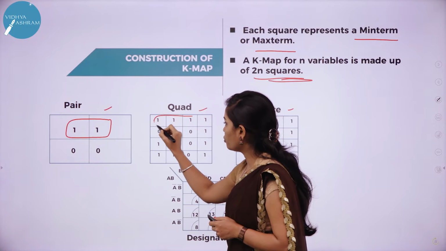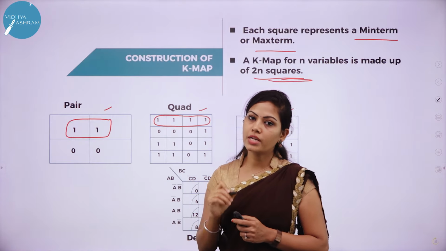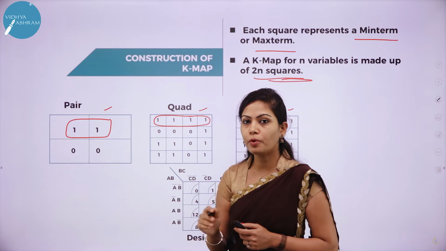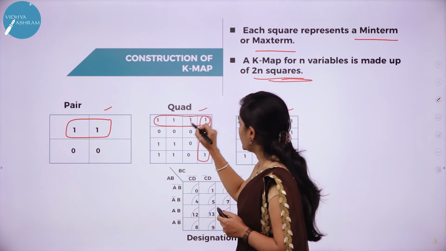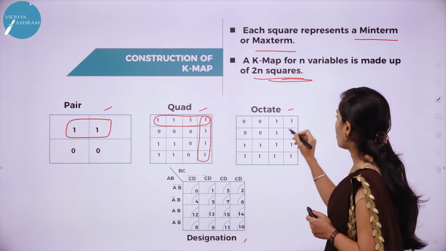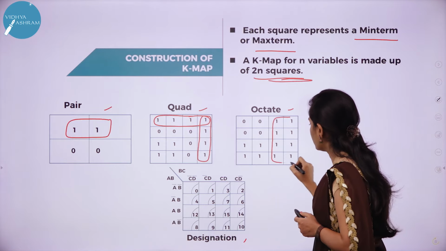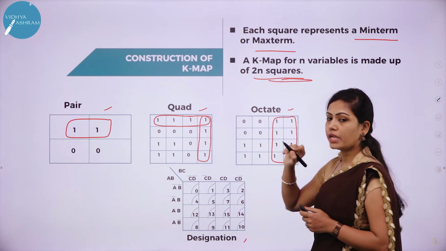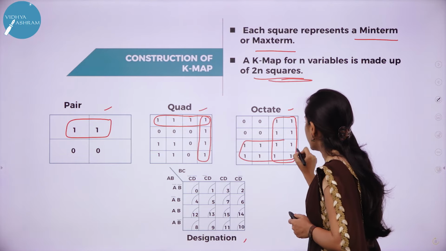Quad means a group of 4 ones vertically or horizontally adjacent. This is called quad. And what is octet? A group of 8 ones vertically or horizontally adjacent.